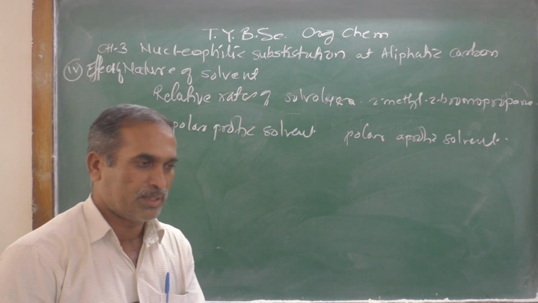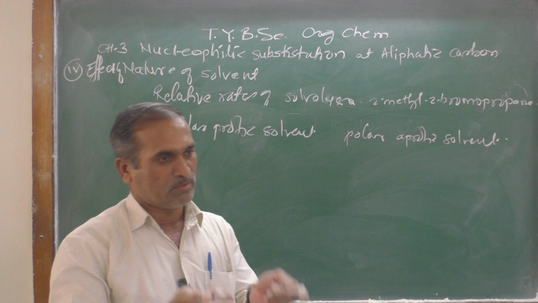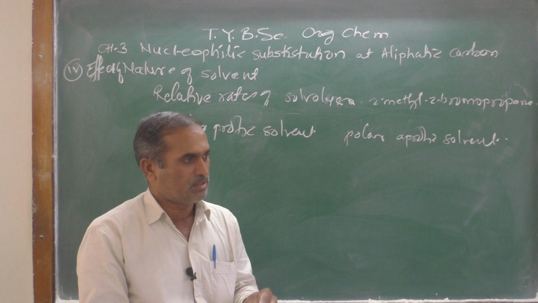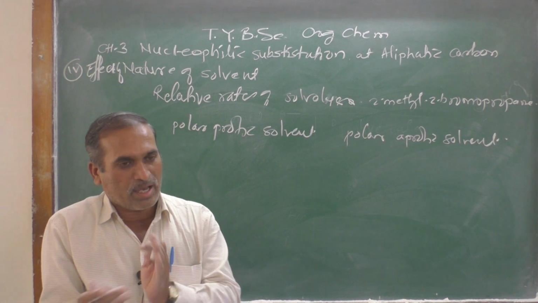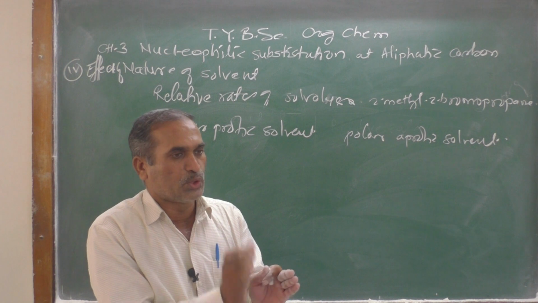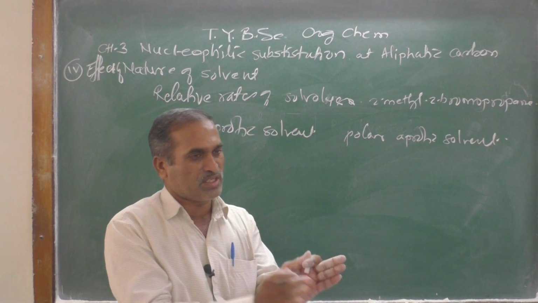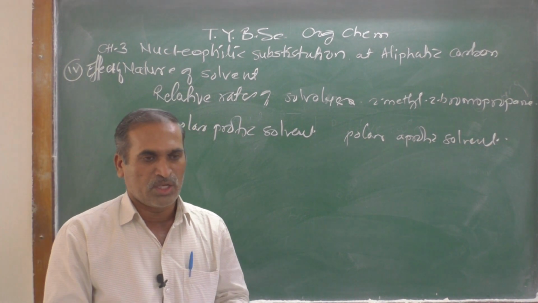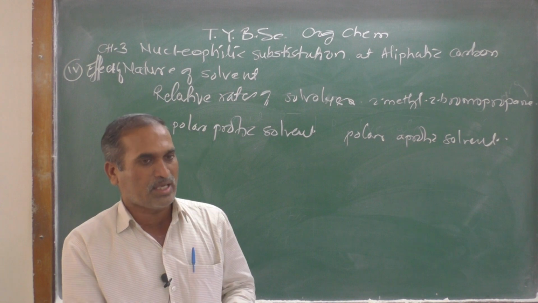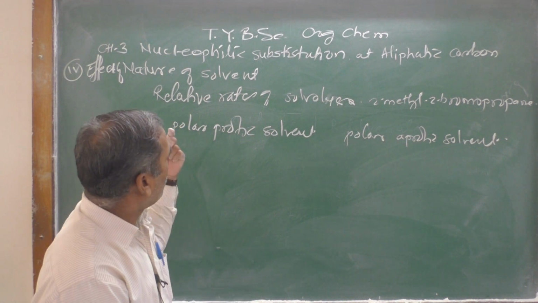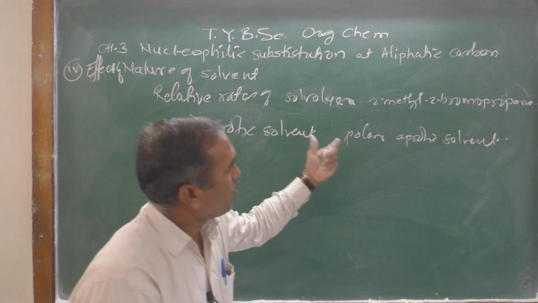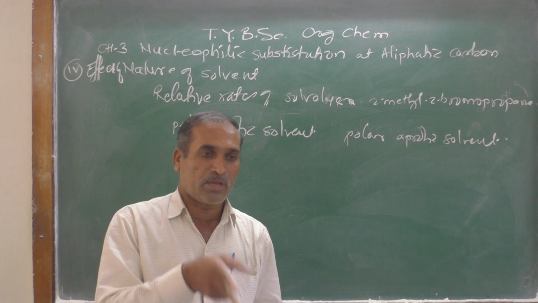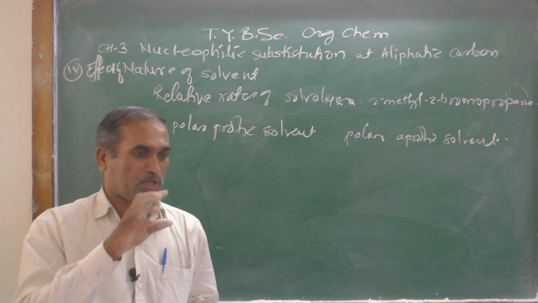We know that there are two types of solvent, one is polar and the second is non-polar. Polar means what? There is a change in dipole moment. Why does dipole moment occur? Due to the difference in electronegativity, and on that basis we can easily distinguish polar and non-polar. In a polar solvent there are two types, polar protic solvent and polar aprotic solvent.